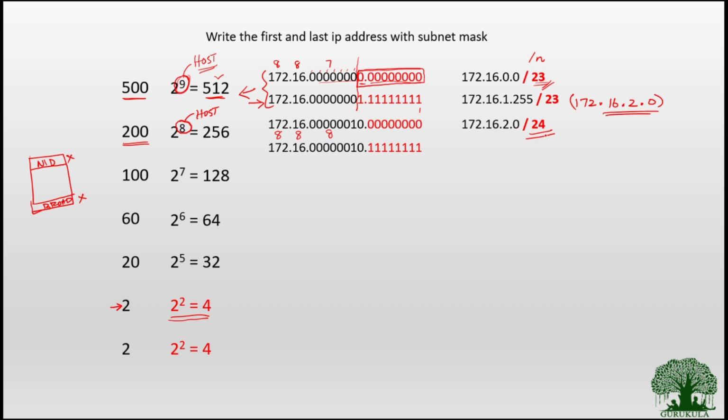So 3 times 8 gives us 24, which means 24 bits are being used to represent the network part. And similarly for the last IP address, you will get 172.16.2.255/24.